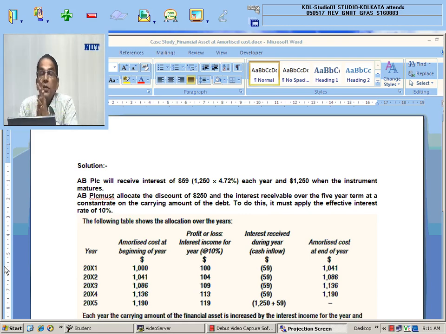So 1,041 is the amortized cost of the debt instrument at the beginning of the second year. Effective interest at 10%, so the interest income calculated on this amortized cost is 104. Interest actually received during the year, the cash inflow, will be 59.